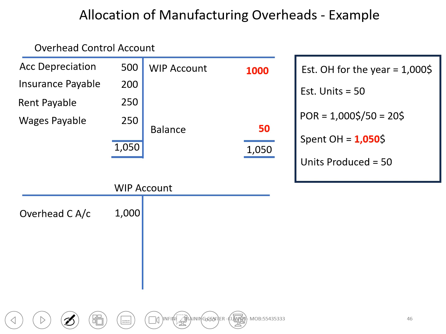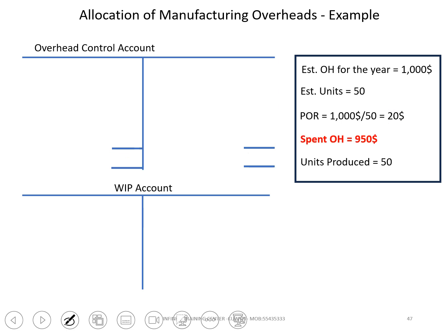I spent $1,050, but I applied only $1,000 because application is based on POR, and the actual spend is here. Or we can say our total cost has not gone to work in progress, or we applied less, we under applied the total overhead cost. So when there is a debit balance, that means we under applied our overhead cost.